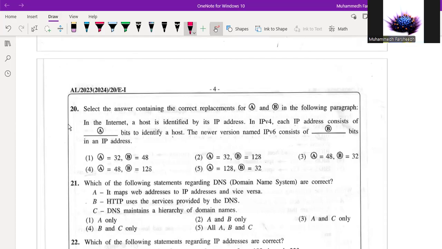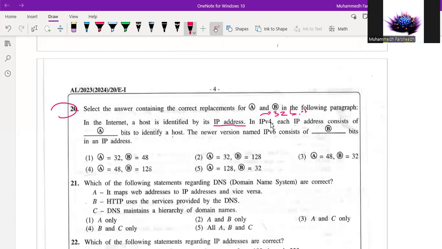Okay, last question in this particular video. Question number 20. Select the answer that contains the correct statements for A and B in the following paragraph. In the internet, a host is identified by its IP address. Every host has an IP address. Each IP version 4 address has 32 bits.